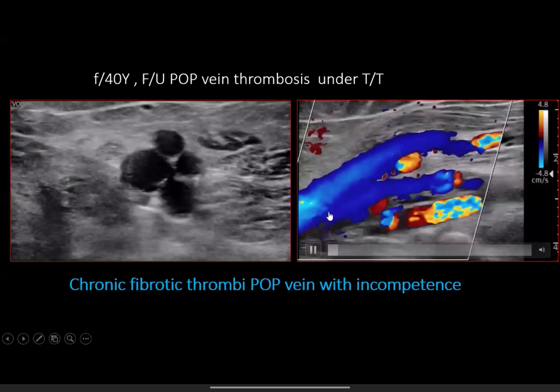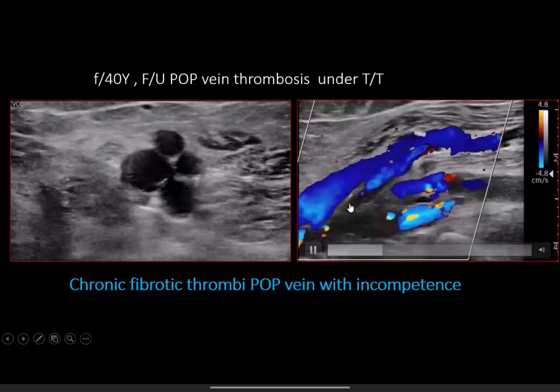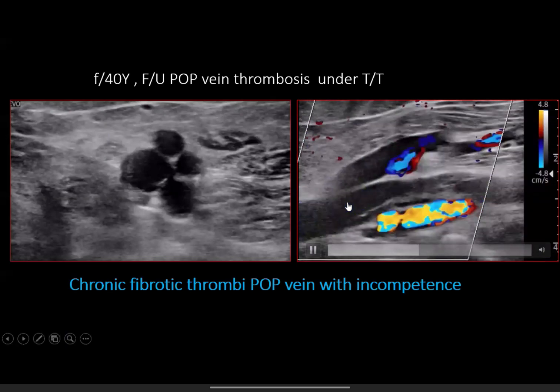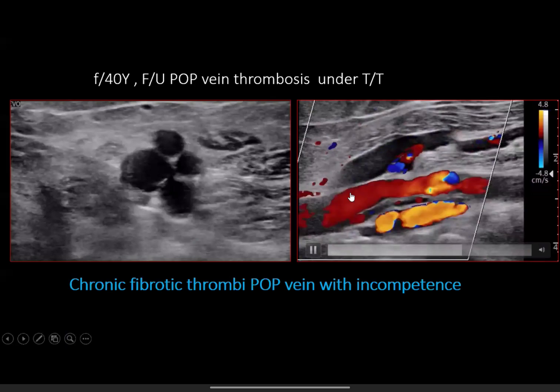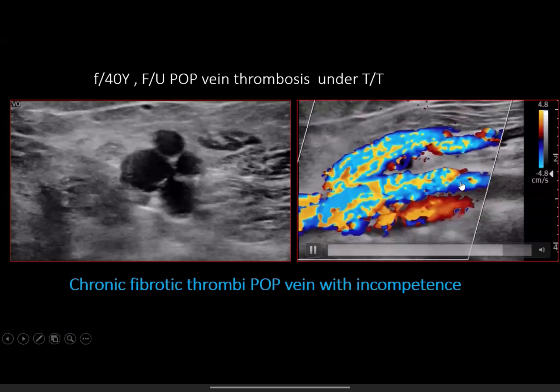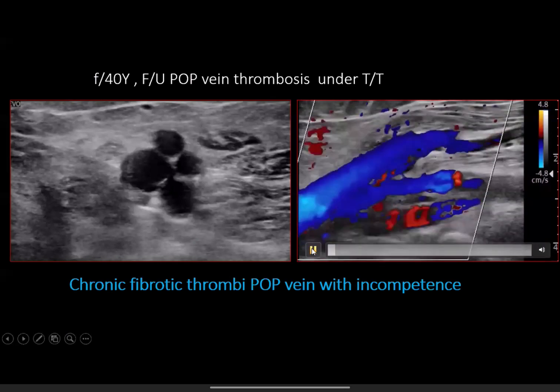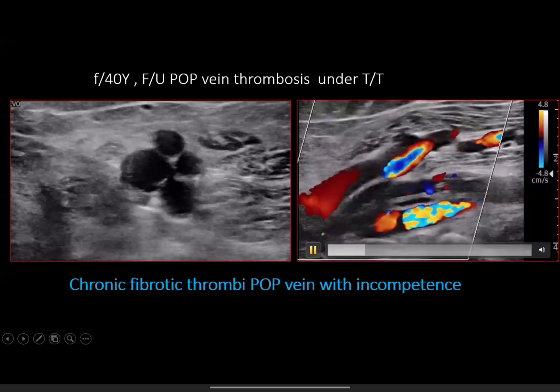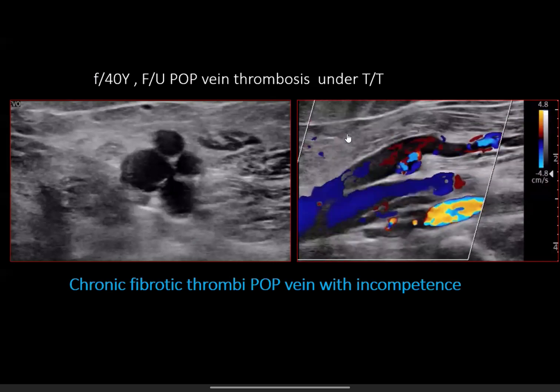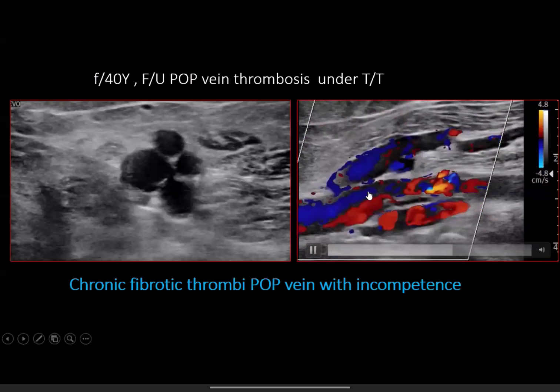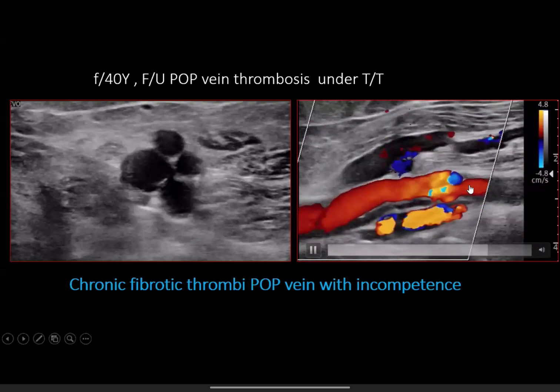On Valsalva, we can see normal flow. In Valsalva, we can see gross reflux. Again, normal flow. On Valsalva, we can see significant reversal of the flow.